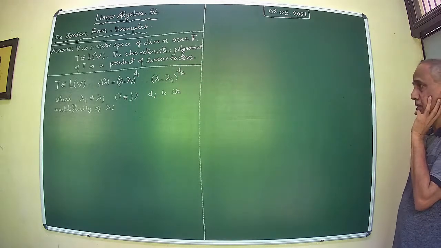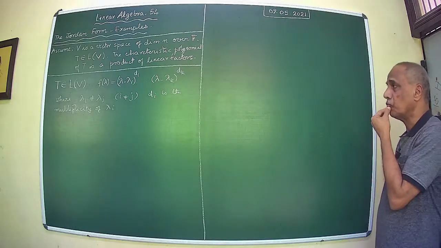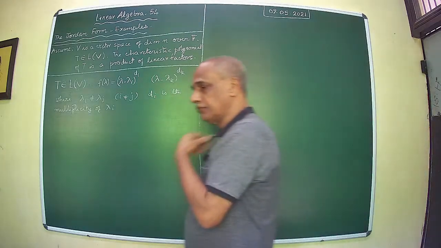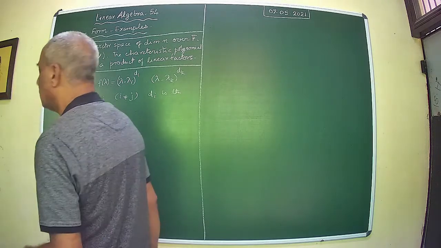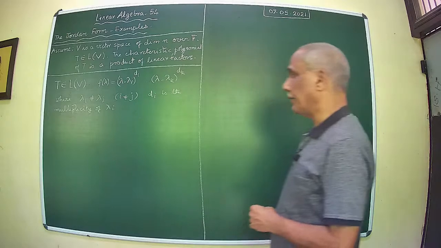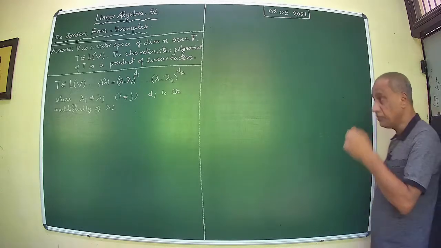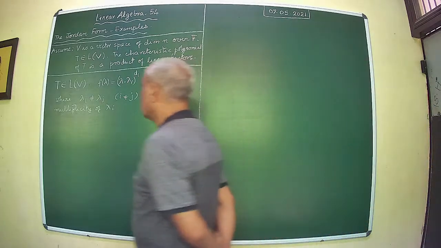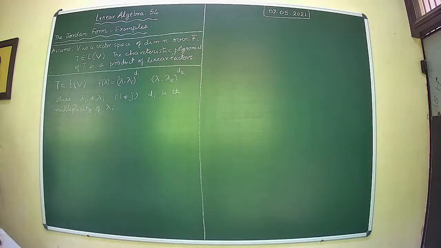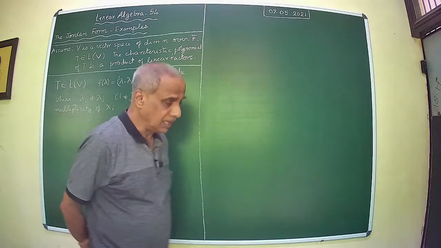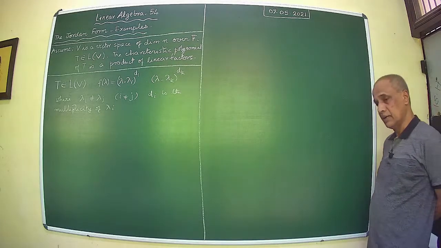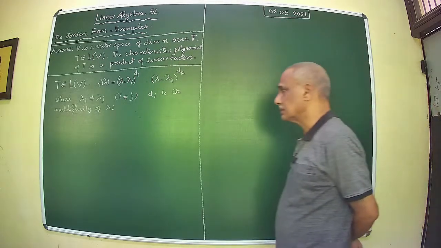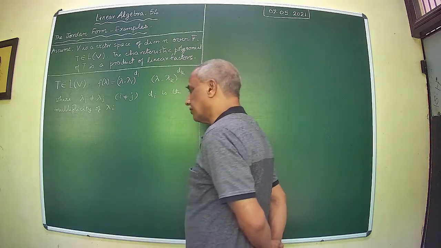Now this happens if we assume the field F is algebraically closed. Even otherwise it can happen. A sufficient condition for this scenario to emerge is that the associated field is an algebraically closed field. There are examples where even otherwise this splitting into linear factors may happen.